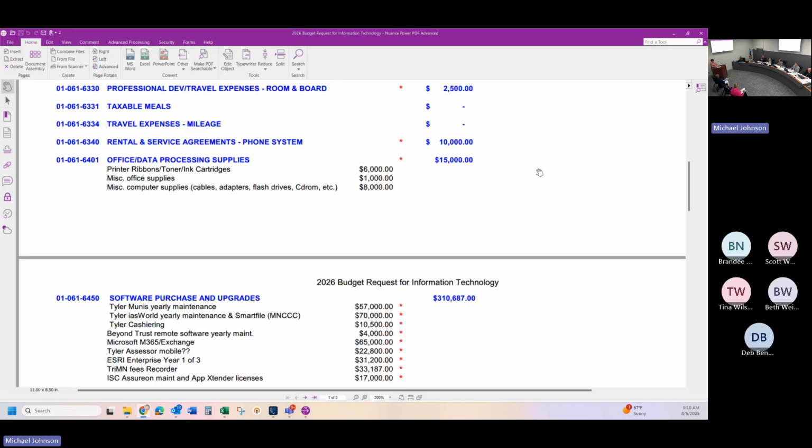So 300,000 is interest, 300,000 is CARES money. And that's the rest of the CARES money.